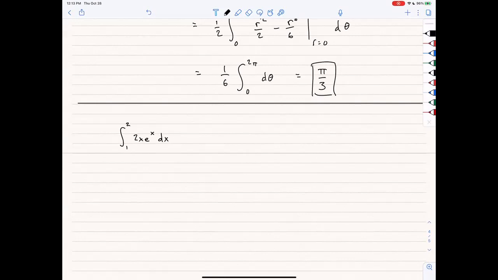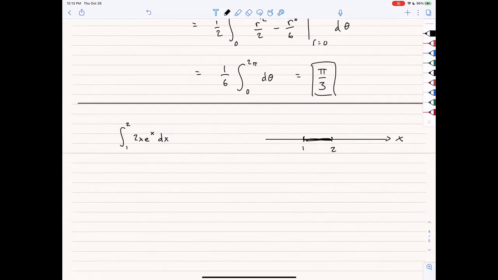So the way I think about this is I've got a function on x, and I've got an interval on the x-axis, on the x line, 1 to 2. And I'm considering this function as maybe like a density, some kind of mass density on this interval 1 to 2.